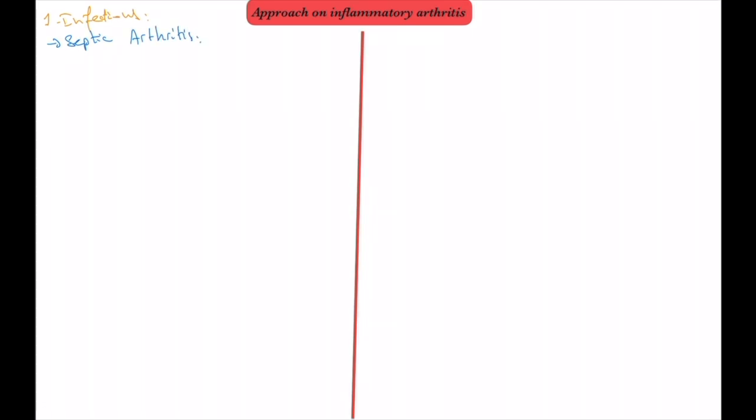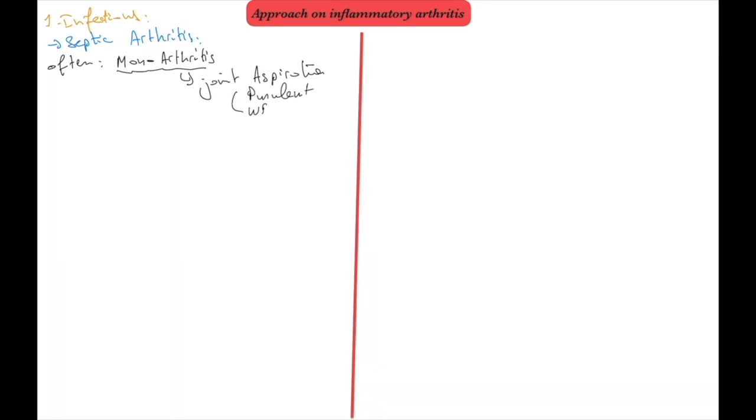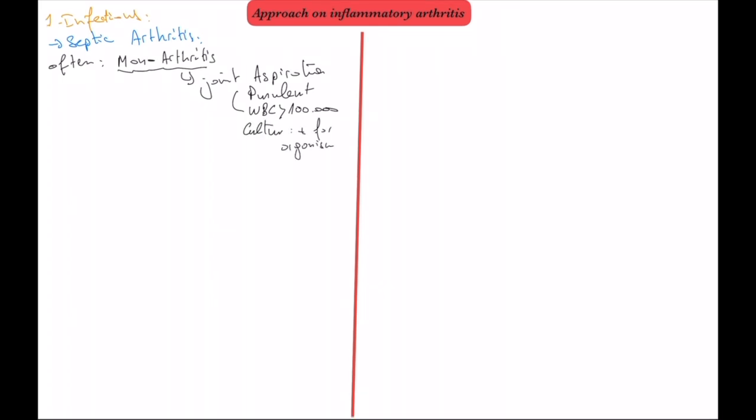First, we have septic arthritis, the most common infectious arthritis, typically presenting with monoarthritis, meaning it affects only one joint. Urgent diagnosis and management are critical to prevent joint destruction. Synovial fluid aspiration is mandatory, presenting a purulent fluid with more than 100,000 white blood cells with neutrophil predominance and positive gram stain and culture.